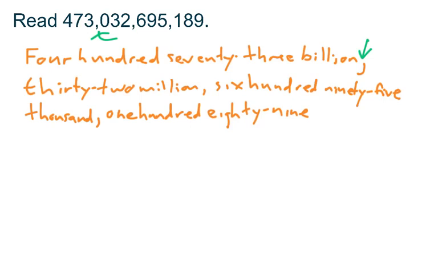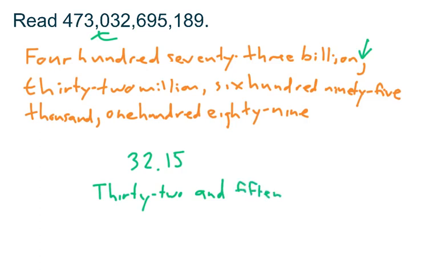The only place you use an and is going to show up later when you have a decimal point. So although this is a little beyond the scope of this lesson, if I was looking at 32.15, just to emphasize where the and goes, you would write this as 32 and 15 hundredths, and we'll explain decimal places later.